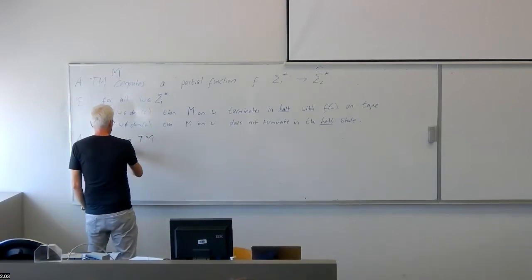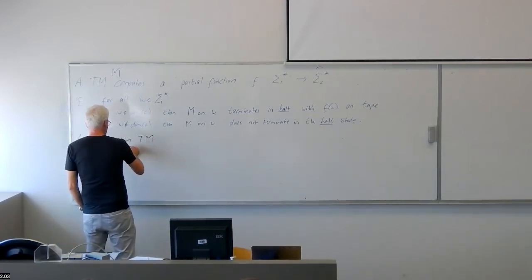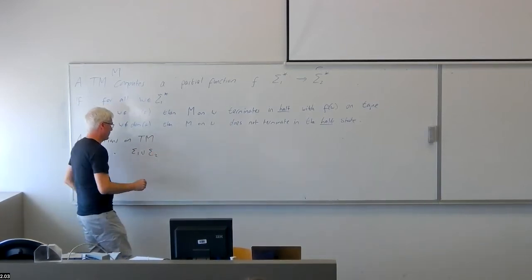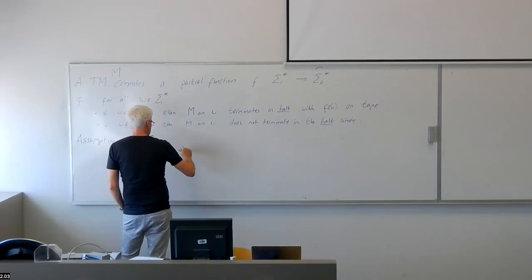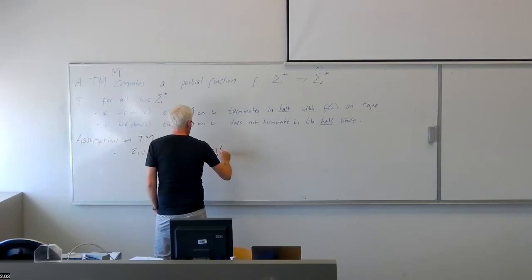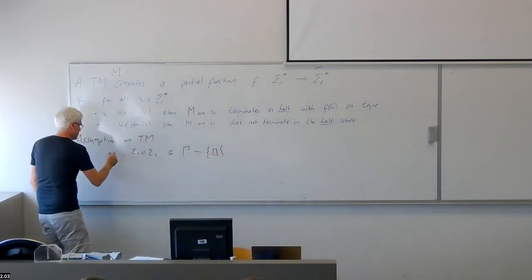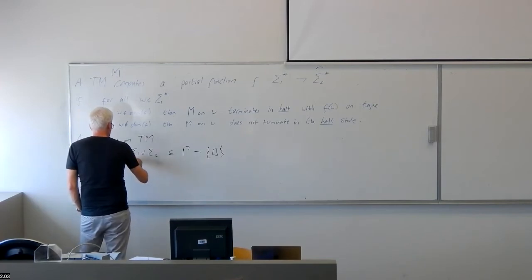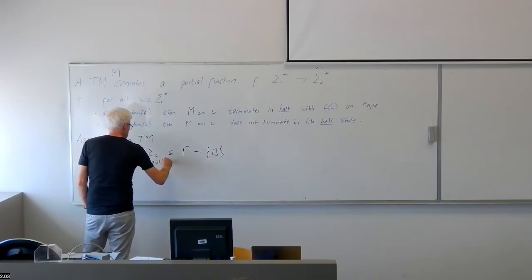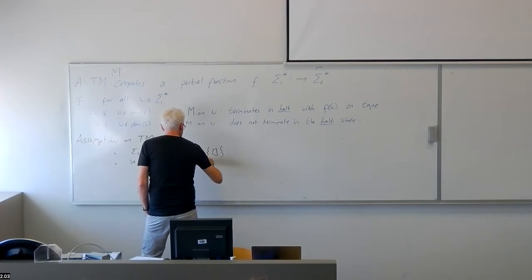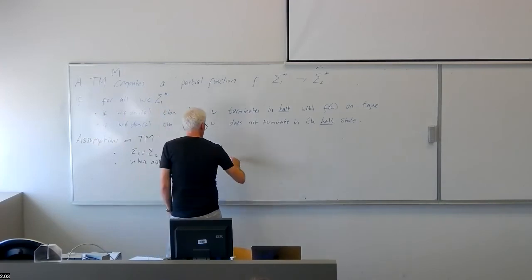So the first one is that both the alphabet sigma 1 and sigma 2 are in the tape alphabet, and they don't contain the blank square. And secondly, again, we have a distinguished halting state, Halt.